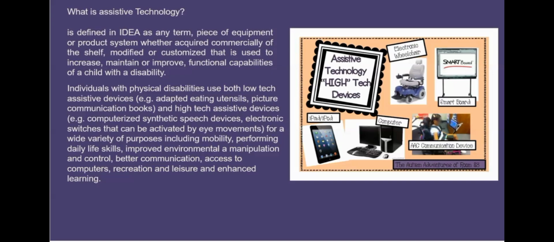So individuals with physical disabilities use both low-tech assistive devices such as adapted eating utensils, picture communication books, and high-tech assistive devices such as computerized synthetic speech devices, electronic switches that can be activated by eye movements for a wide variety of purposes including mobility, performing daily life skills, improved environmental manipulation and control, better communication, access to computers, recreation and leisure, and enhanced learning.